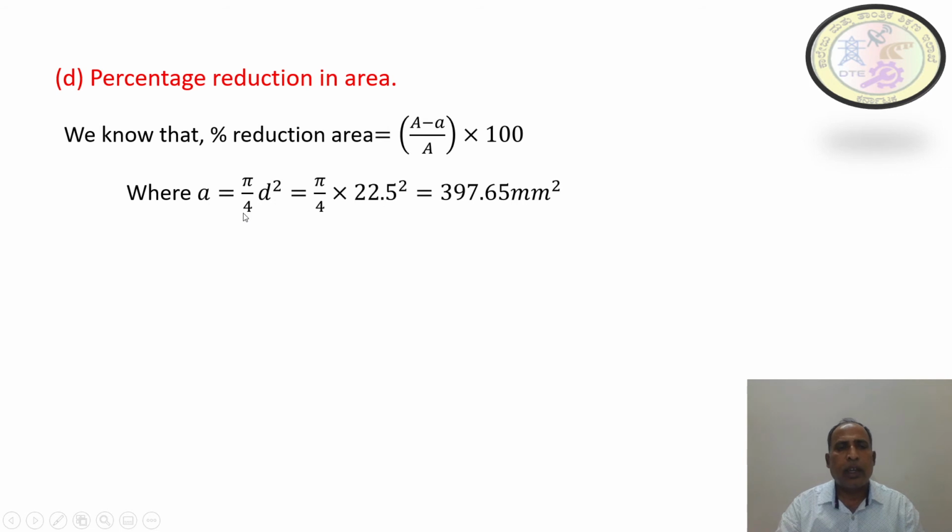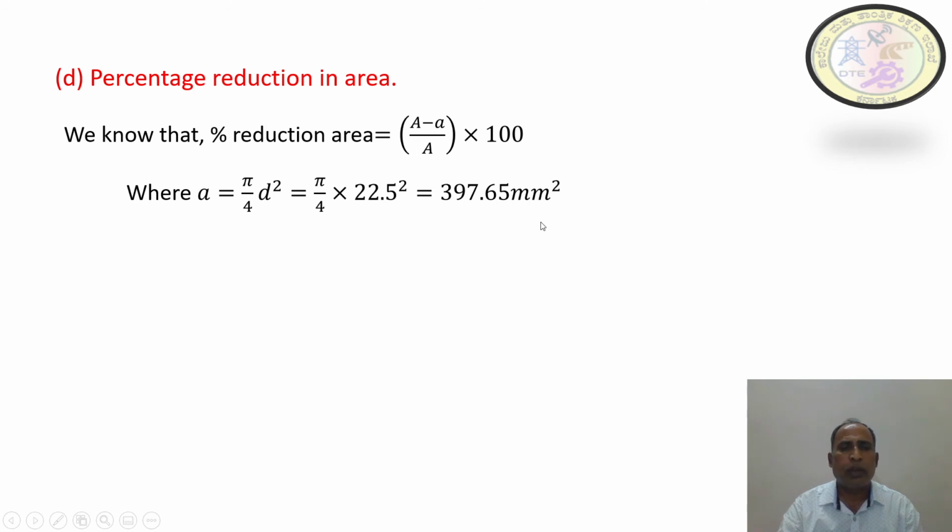Small a is the neck area, that is pi by 4 into neck diameter square, that is pi by 4 into 22.5 square, equal to 397.65 mm square. The original area we have already calculated, because the original diameter of the bar is 30 mm. So the original cross sectional area capital A is equal to 706.86 mm square.